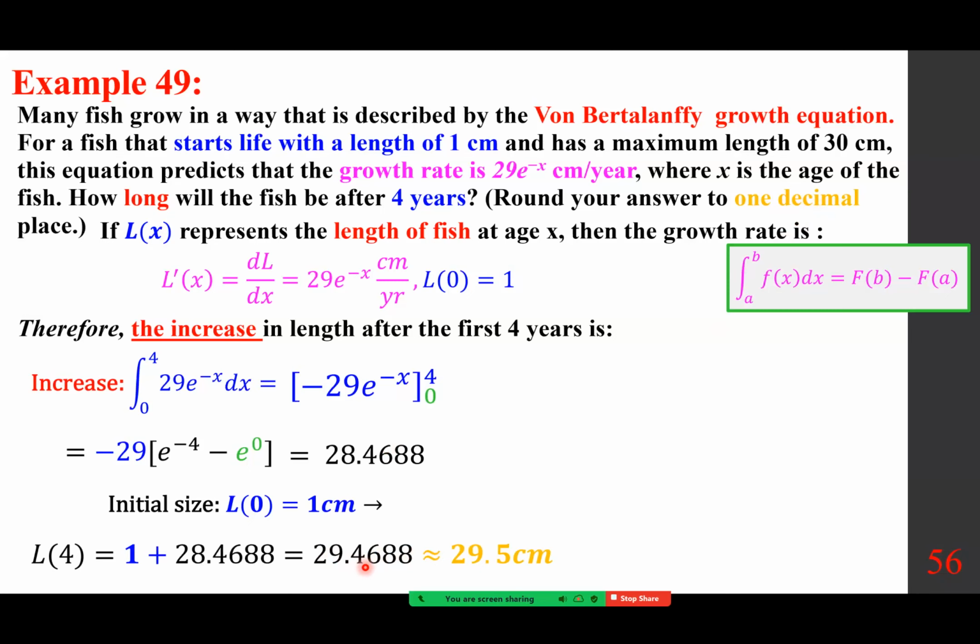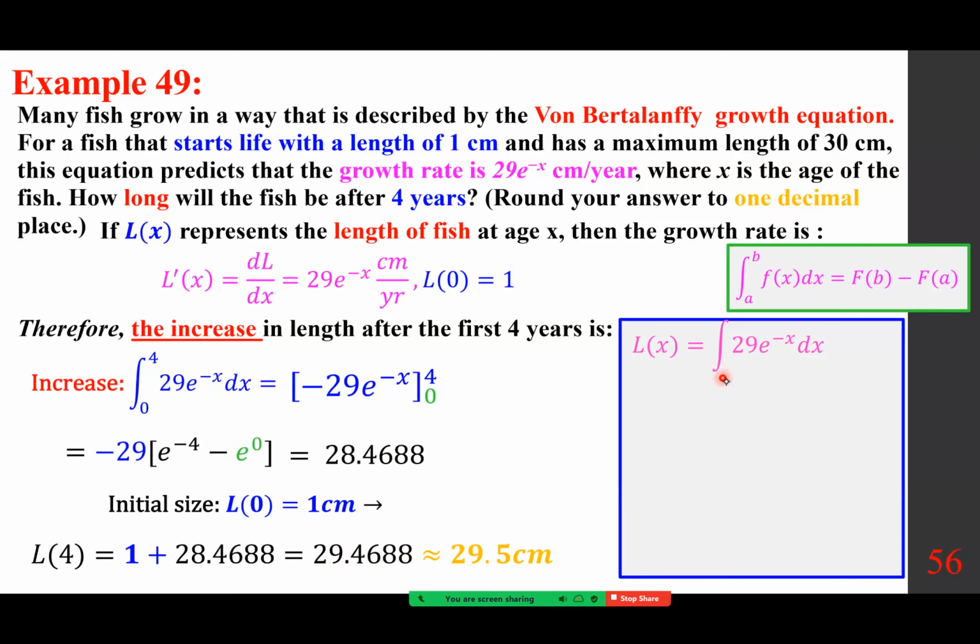The other way is to just find the length in general, which means you just integrate this and you find first the indefinite integral, which means you have this one plus a constant, and then it becomes an initial value problem.